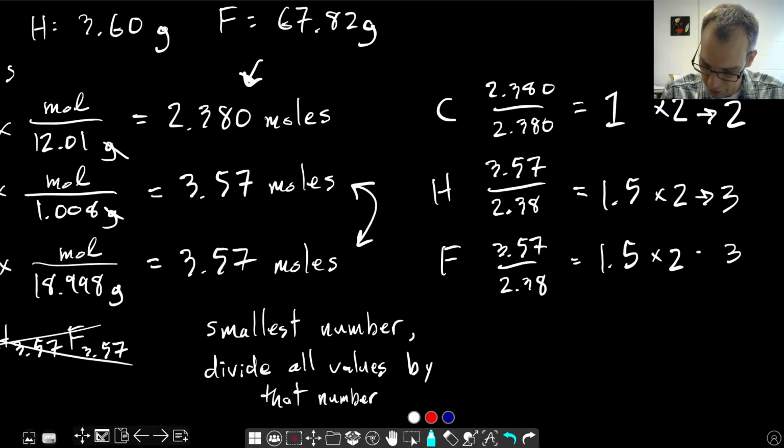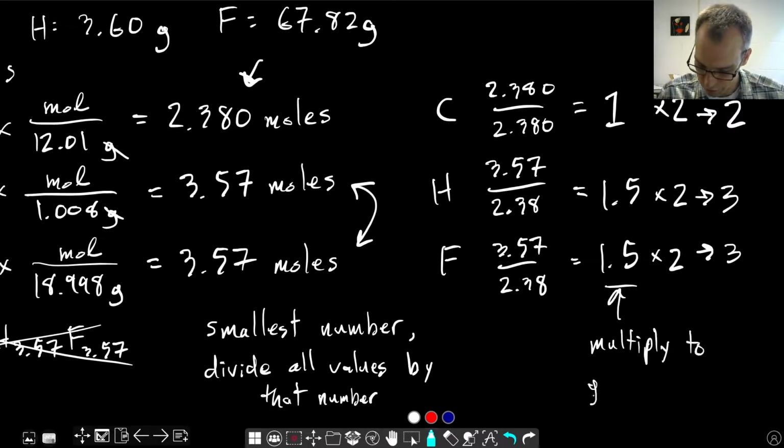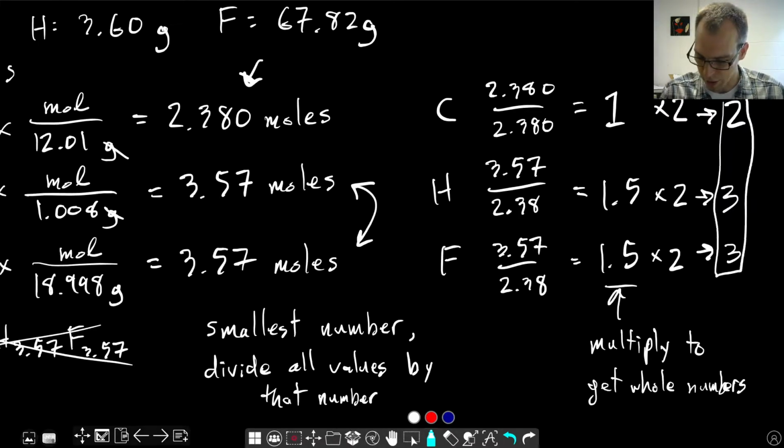So that's the final step. The final step is if you don't, at this step, get whole numbers, multiply to get whole numbers. All right, and these now are the subscripts that'll go into our empirical formula.